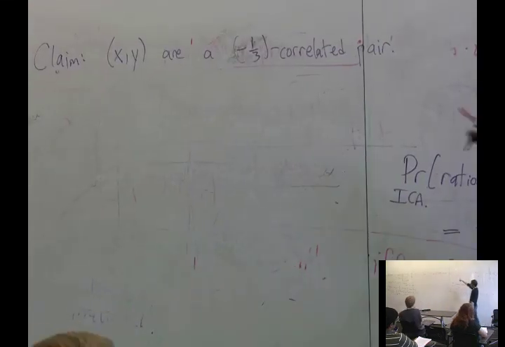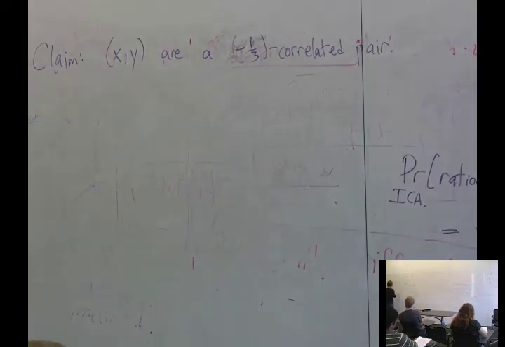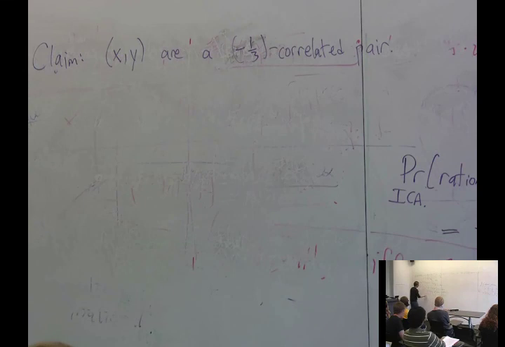Now, if you believe that, then you see this expression, the expectation of f of x, f of y, when x and y are -1/3 correlated, is just the stability at -1/3 of f. And everything's symmetric. Y and z are also -1/3 correlated, and same with x and z.